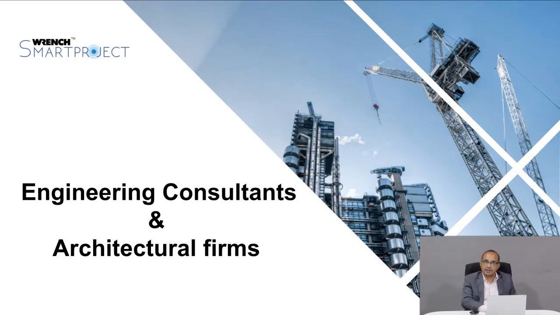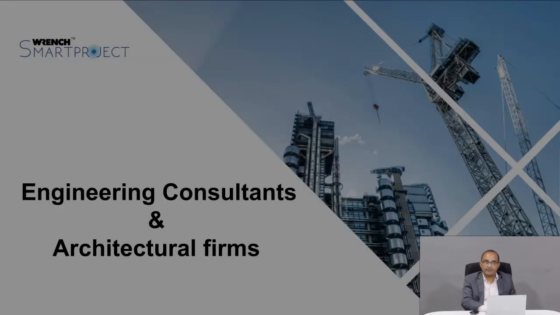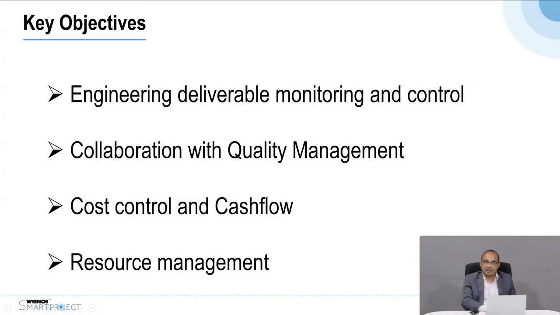This is a presentation of the capabilities of Wrench Smart Project for engineering consultants and architectural firms. The key objectives are to monitor the engineering deliverables and control them to prevent delays, provide a collaborative platform to share information within the organization and with clients and contractors, and also enforce the quality management process through the system.